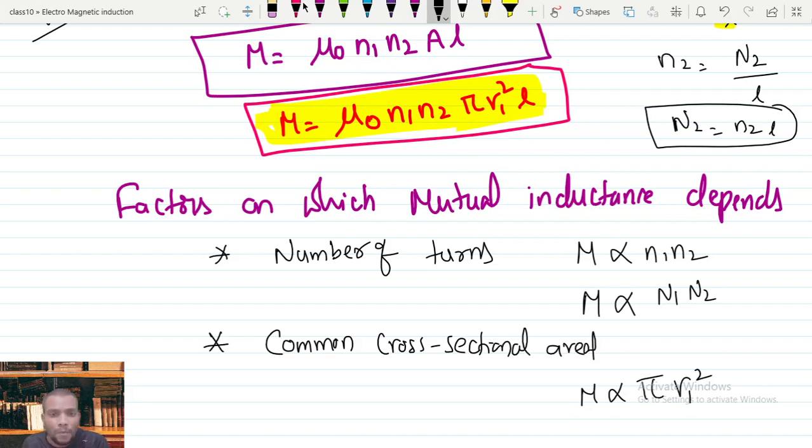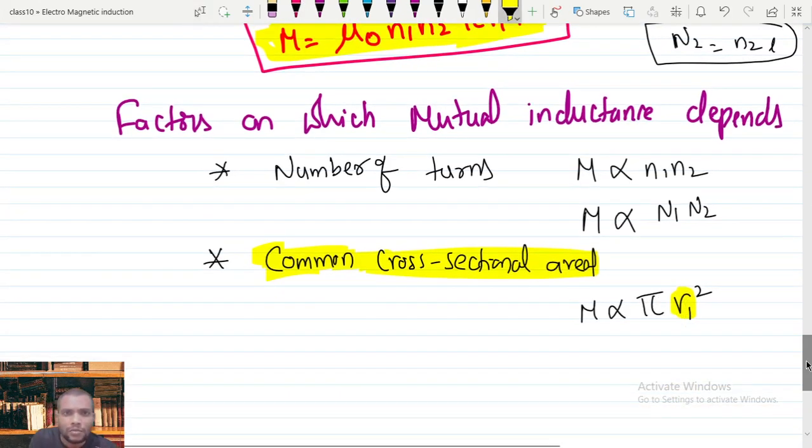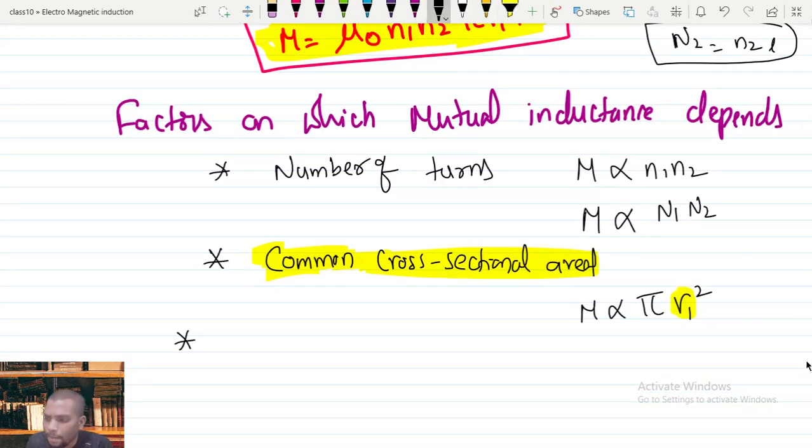Why is it the common cross-section? Because r1 is the radius of the inner solenoid and r2 is the radius of the outer solenoid. So for the inner and outer, the common cross-section is only r1. That's why the mutual inductance is directly proportional to the common cross-sectional area.